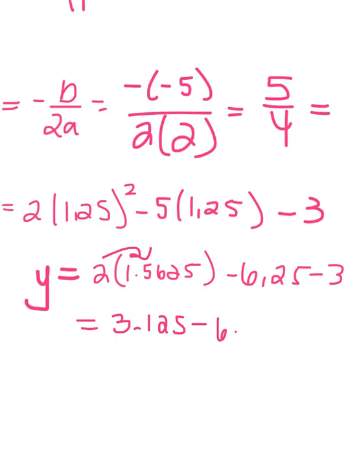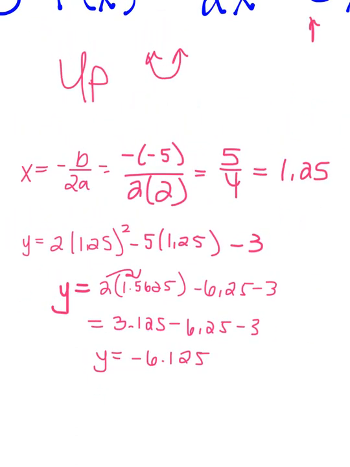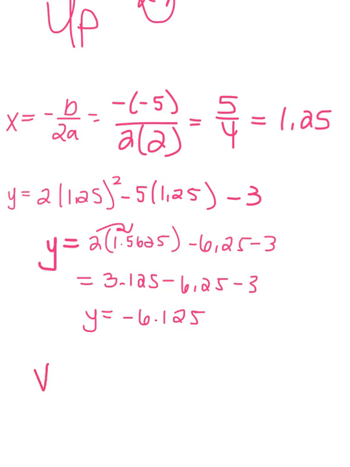Okay, so minus 6.25 minus 3. Do all that in your calculator. 3.125 minus 6.25 minus 3. Negative 6.125. Do you guys agree? Yes or no? Okay, so your vertex.